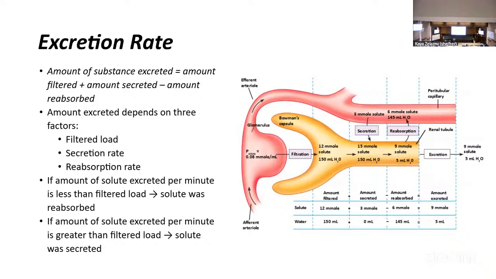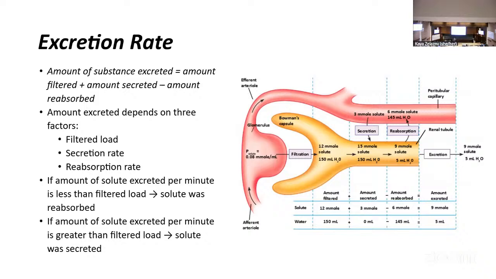So this is pretty simply when we have more of something in our urine than we were filtering in per minute into our nephron. That means it had to come from somewhere. So it must have been secreted from later parts of the nephron, from the peritubular capillaries into the filtrate, past the point of filtration.